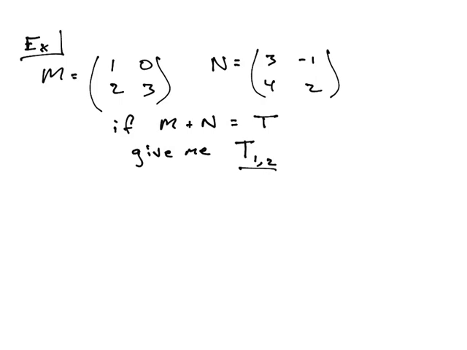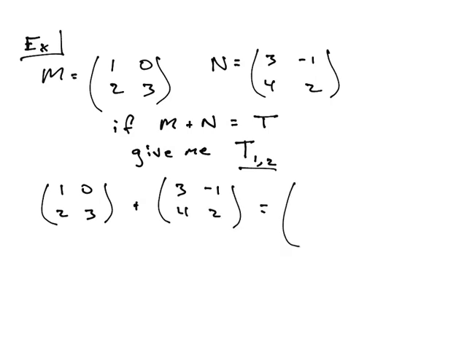Well, let's find out. Let's first add the two matrices together. So I have 1, 0, 2, 3, and I'm going to add to it 3, -1, 4, 2. What do I get? Well, first of all, these are both 2 by 2 matrices. They're the same size, so I can add them.